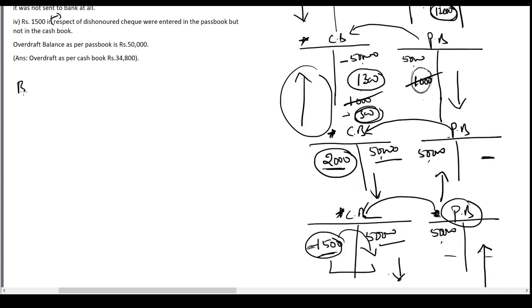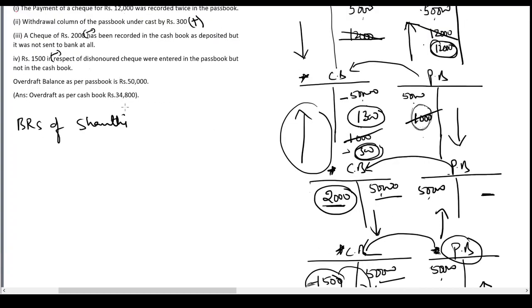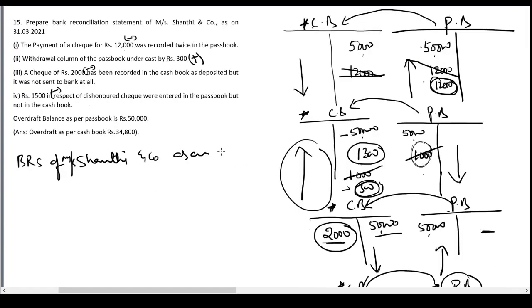Let us prepare the BRS. BRS of Messrs. Shanti and Company as on 31st March 21. Particulars, rupees.